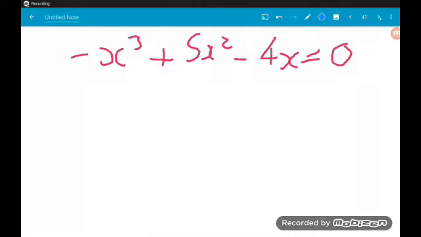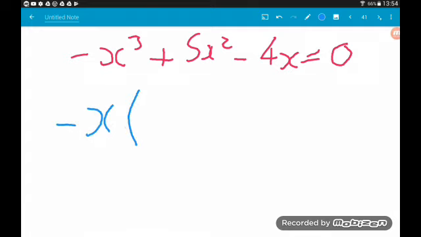Okay, next up we have minus x cubed plus 5x squared minus 4x equals 0. So, this time it's important to note we have a negative x cubed term. So that's going to do something slightly different with our graph. Now, given that we have a minus x cubed term, we could just factor out an x, but we could do one step more and factor out a minus x.